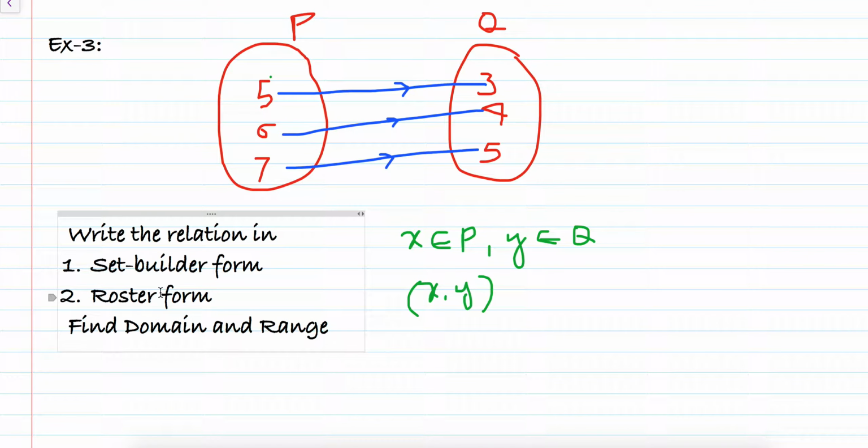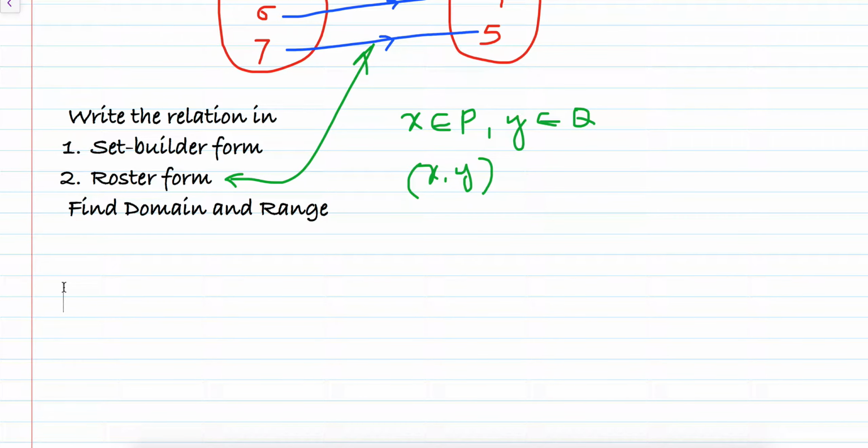So from the diagram itself we can directly write the roster form. So this roster form we can directly write by looking at the diagram. So first I will solve the second one, roster form.